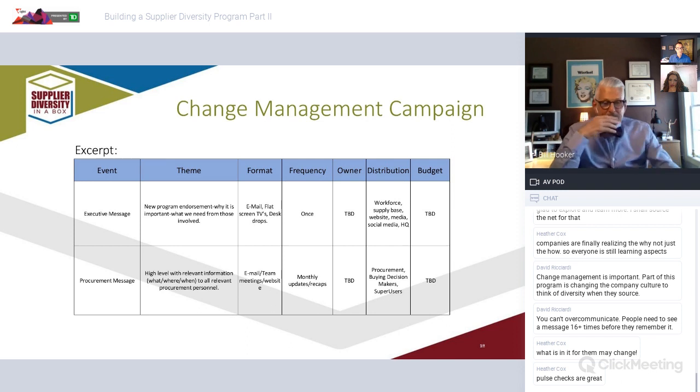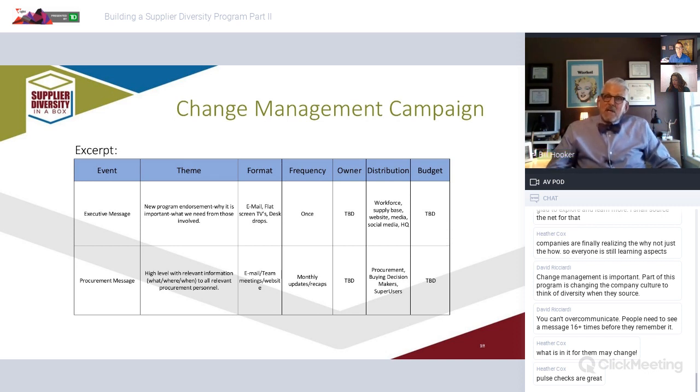Change management plan. What I have found over the last several years is that typically a change management program for beginning to ending of an initial program has about 8 to 10 elements.